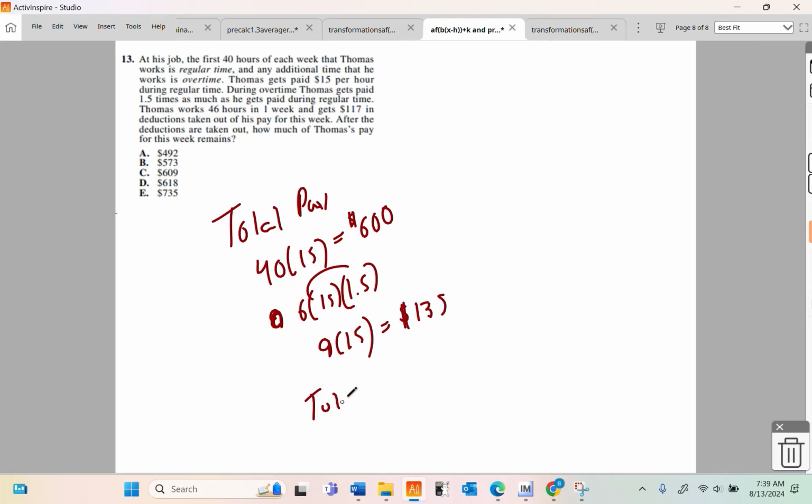So his total is going to be $735. He has deductions of what, 117? So we just do a little subtraction there. 600 and what, $18? Yeah, 618. Choice D. There you go.